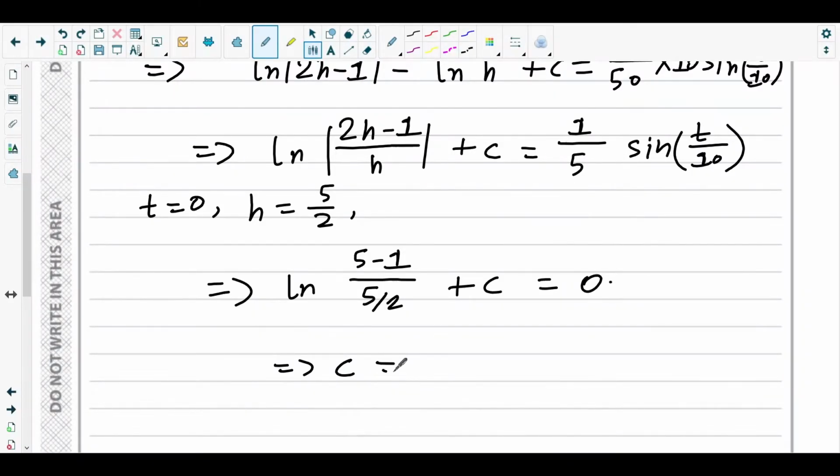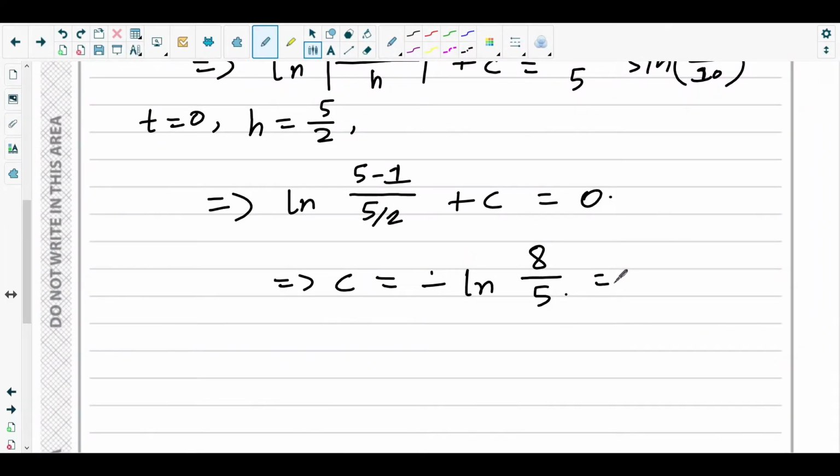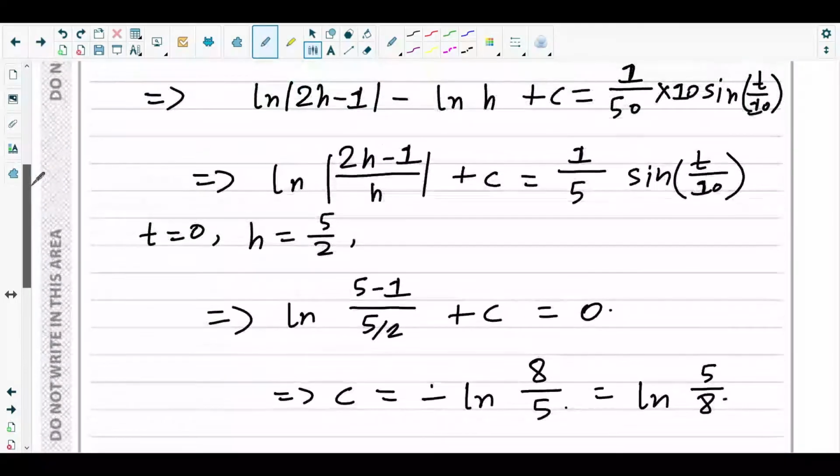So the value for c, the arbitrary constant, is negative ln of 4 times 2 over 5, which is 8 over 5. You can write this as ln 5 over 8 to make it positive. So we got the value for c.